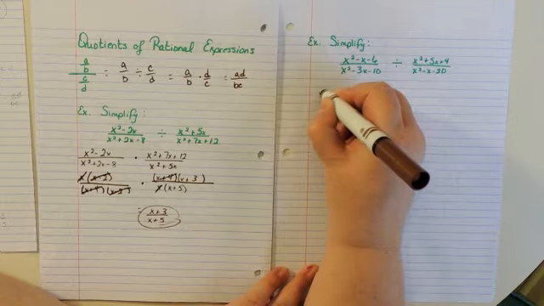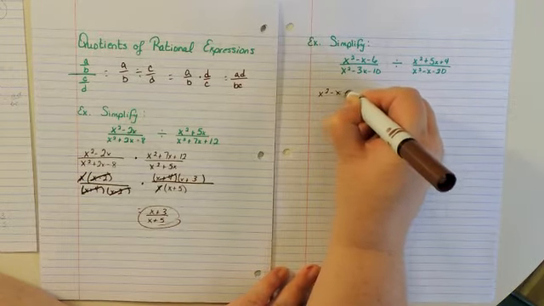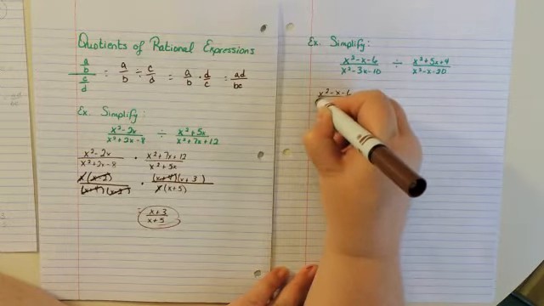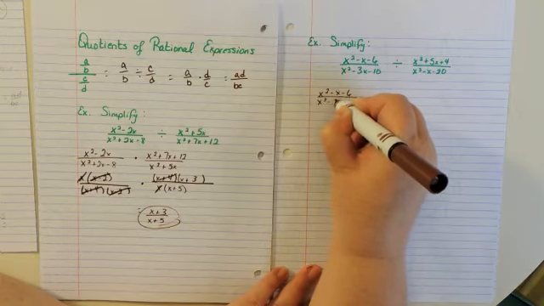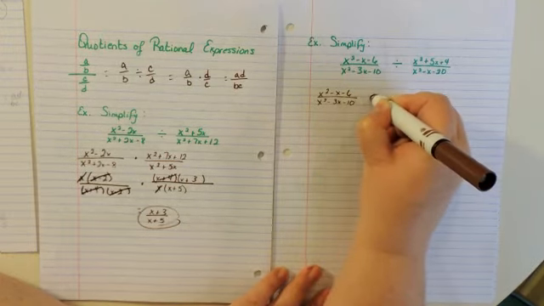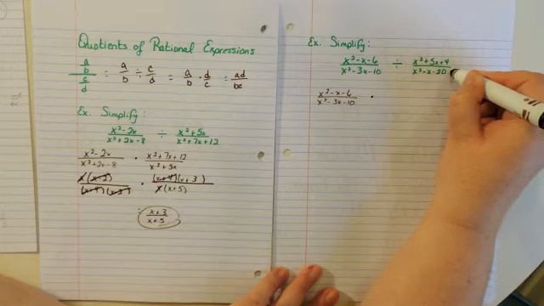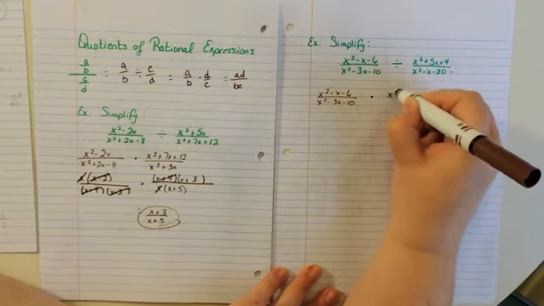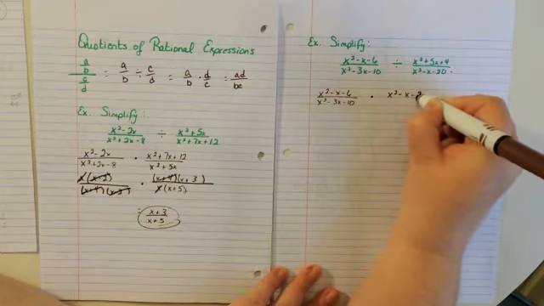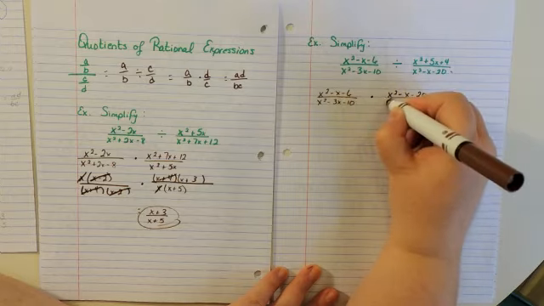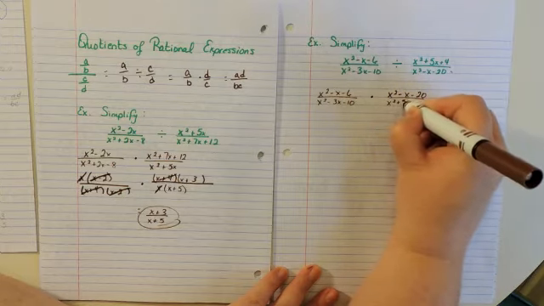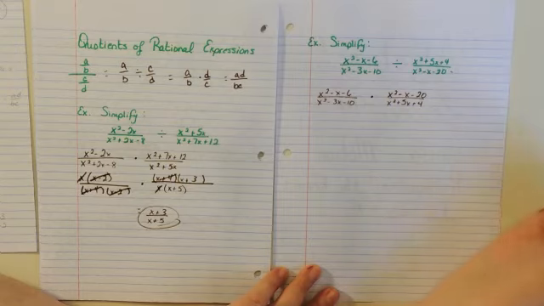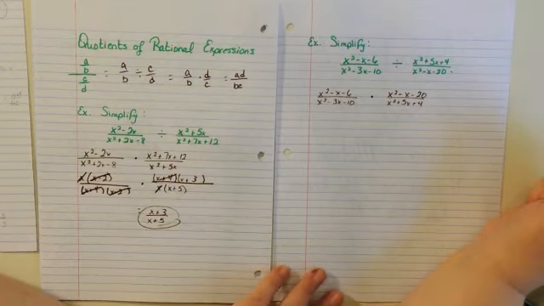So we'll have x squared minus x minus 6 all over x squared minus 3x minus 10 times, and now we're going to put this one on the top, x squared minus x minus 20 all over x squared plus 5x plus 4. Okay, now we can start factoring.